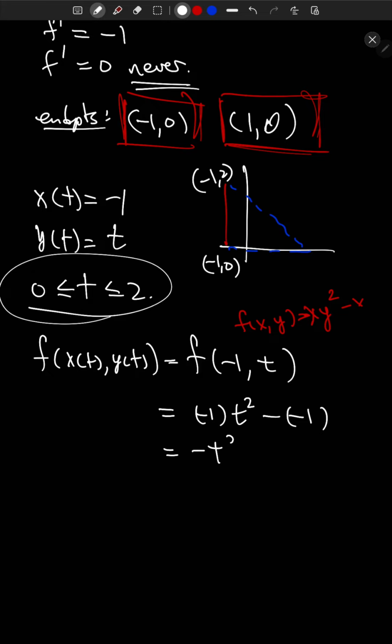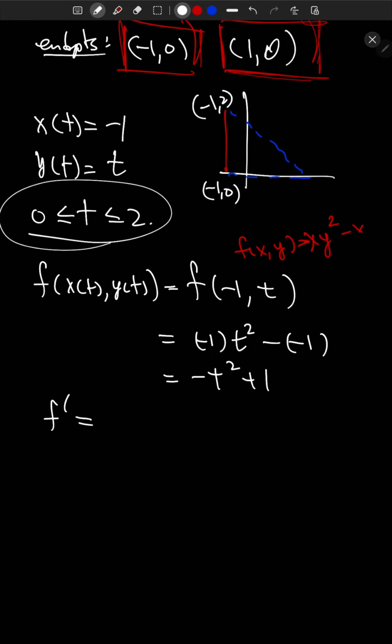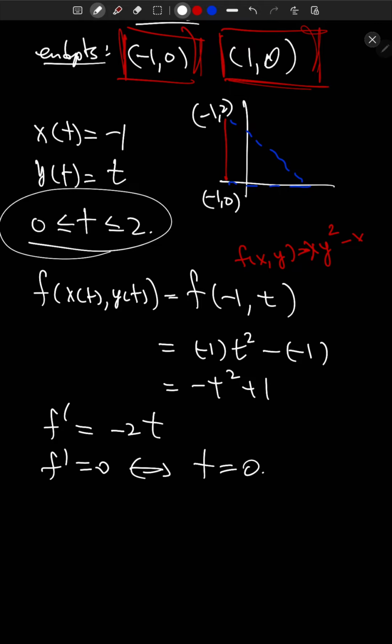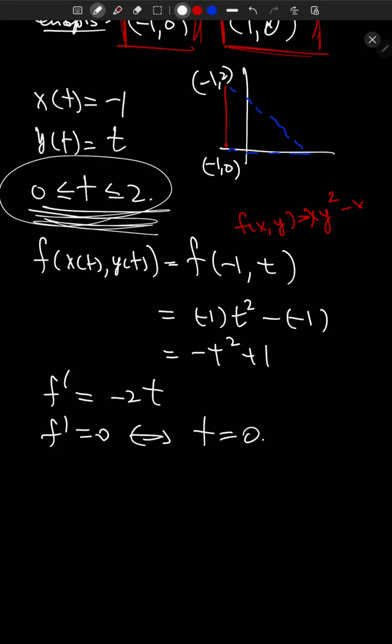So that's going to be minus t squared plus 1. F prime is equal to minus 2t. F prime equals 0 when t equals 0, right? T equals 0 is indeed inside my interval of interest, which is 0 to 2.